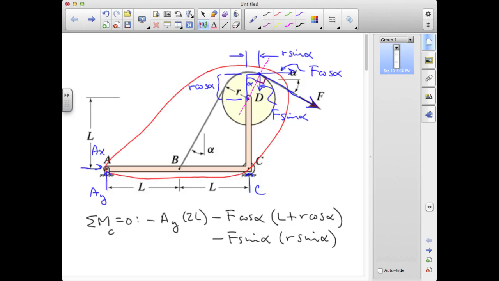Taking advantage of the trig identity that cosine squared alpha plus sine squared alpha equals 1, we can rearrange this result to give us AY is equal to minus F times the sum of R over 2L plus 1/2 cosine alpha.